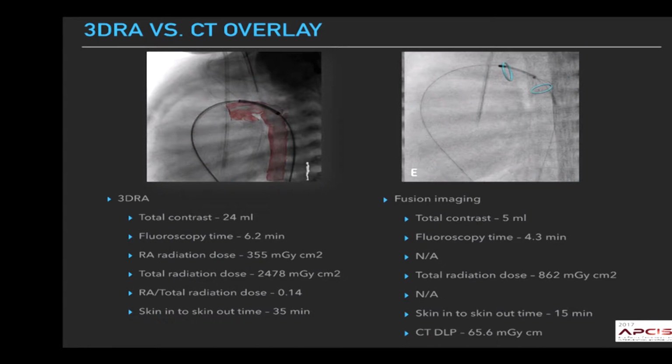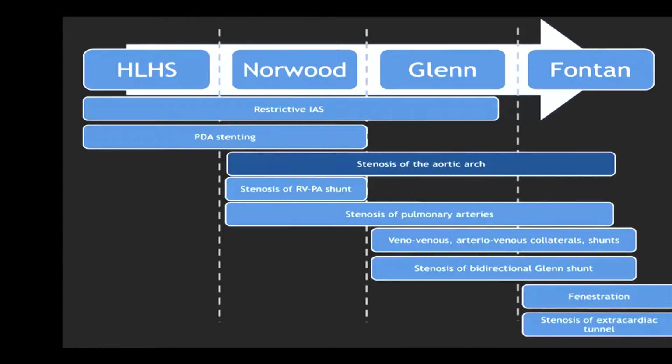Fluoroscopy time in these two cases was shorter in CT-guided intervention, and radiation dose was also lower. We don't have a bigger number of patients for the moment, but we would like to show that improvement also on a larger group of patients.